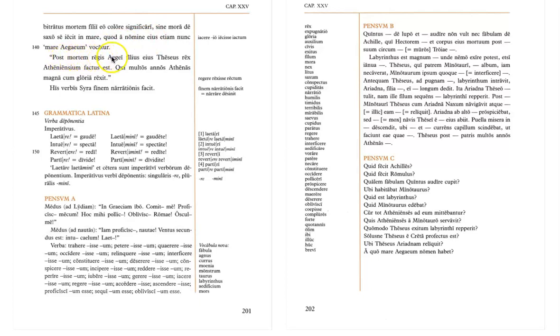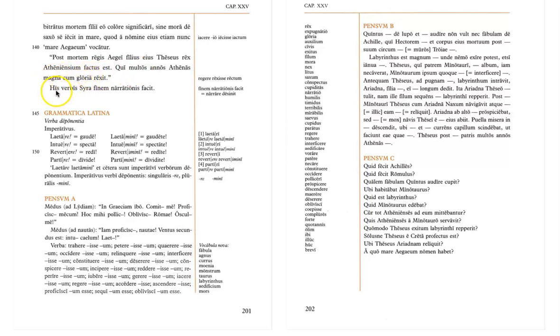So after the death of the king, after the death of King Aegeus, his son Theseus was made king of the Athenians. That one's pretty straightforward. So after the death of King Aegeus, his son Theseus was made, factus est, king of the Athenians, who ruled for many years, multos annos, Athens, with great glory.